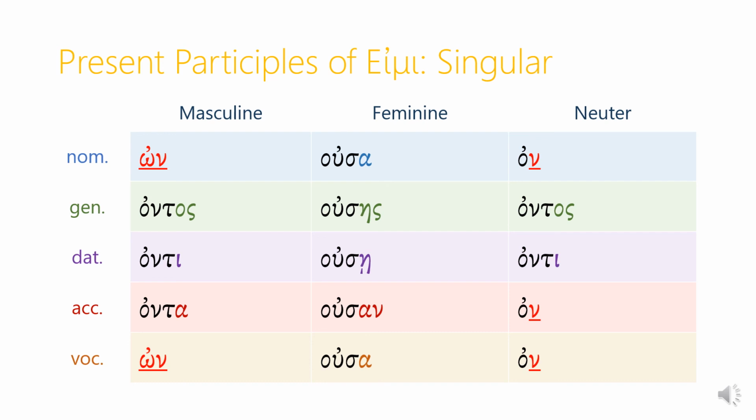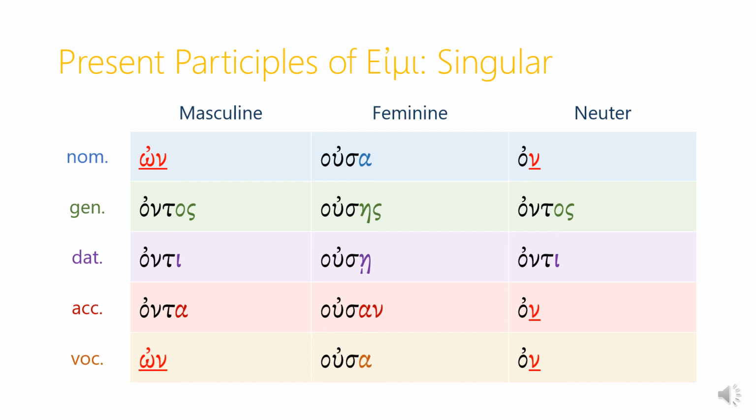So we only have present participles of eimi, and these are actually really, really easy to remember, because the participles of eimi are simply the voice indicator, connecting vowel, and case ending that you would put on the end of normal present participles.